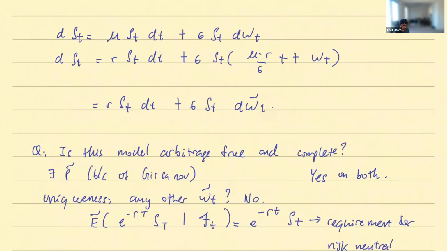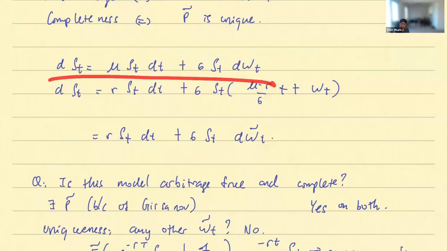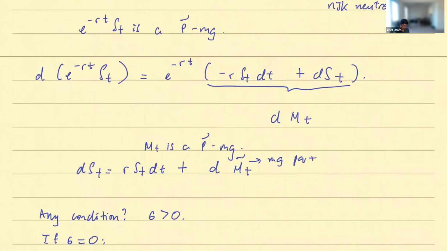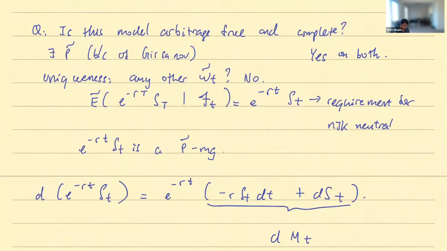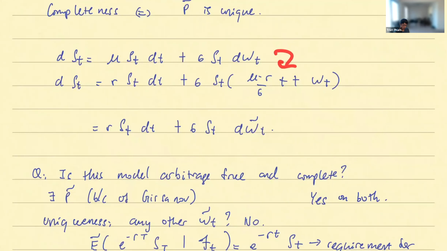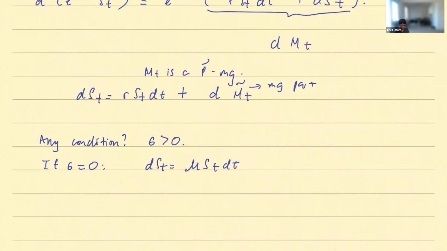Starting out with the physical model, you will have this, and there's no way for you to change it to the risk neutral world, because this cannot be derived. That sounds trivial, but trust me, it makes sense later.